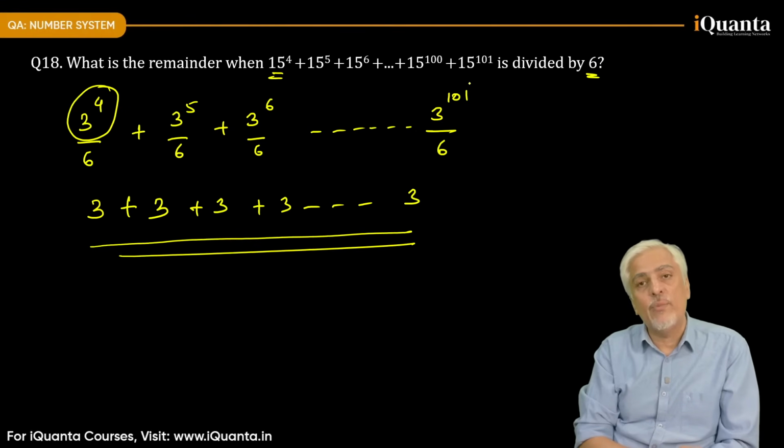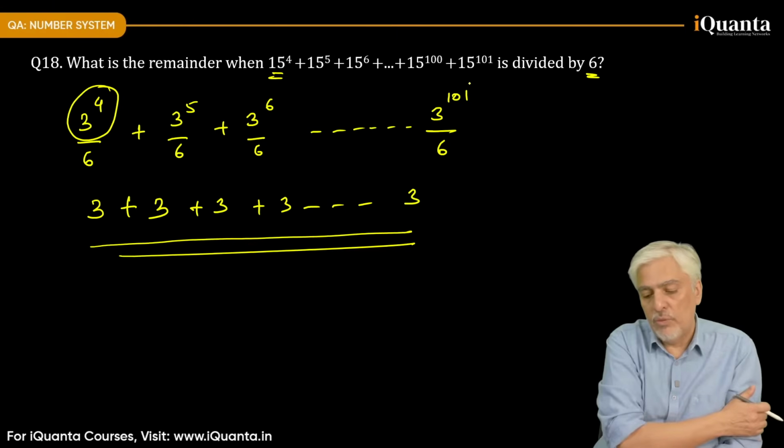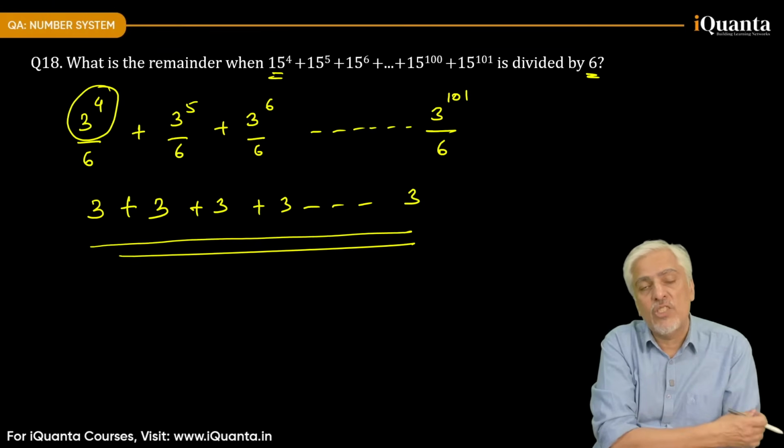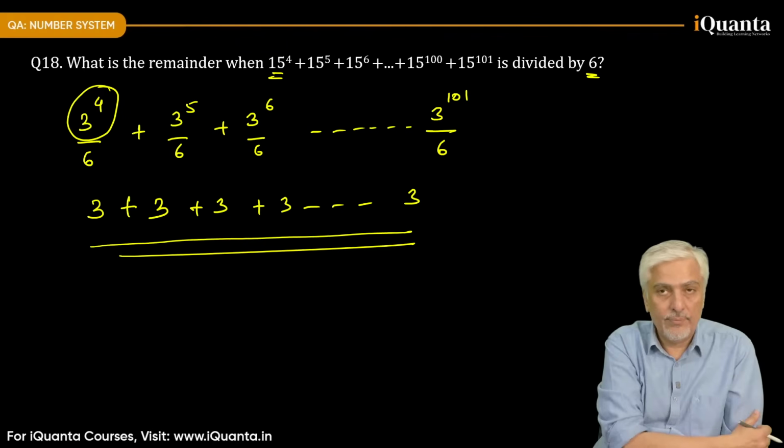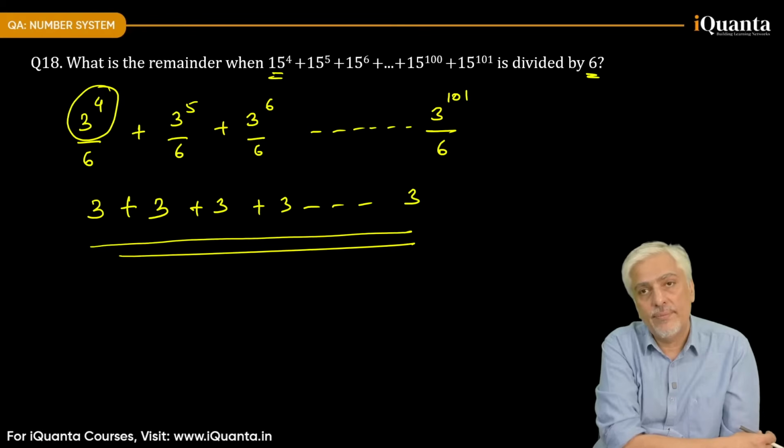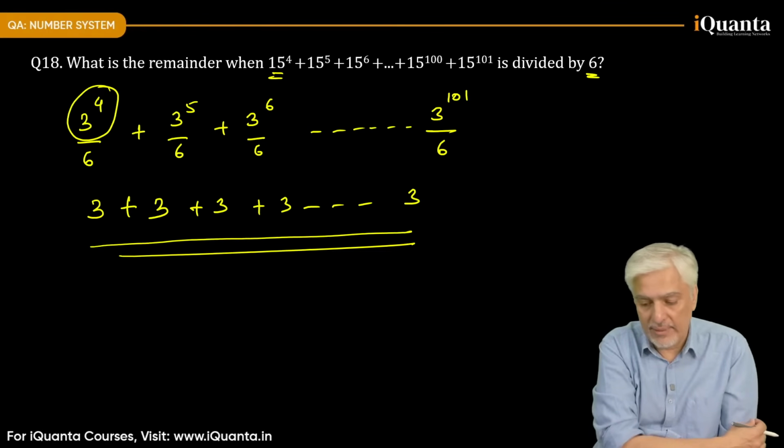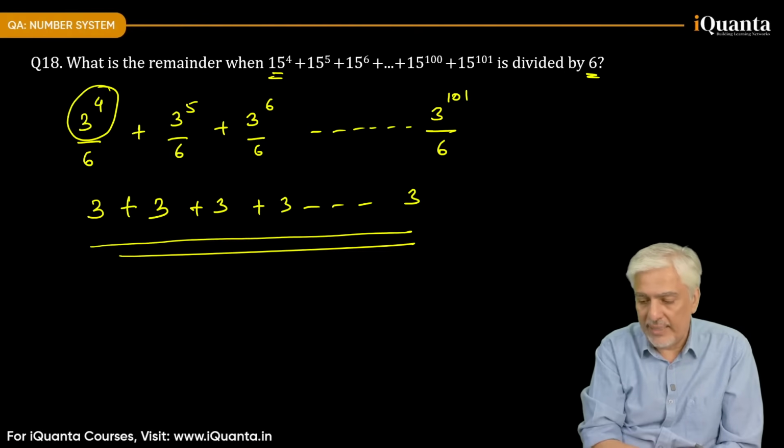From 4 to 101, which means 101 minus 4 plus 1. How many times is that? 98 times.